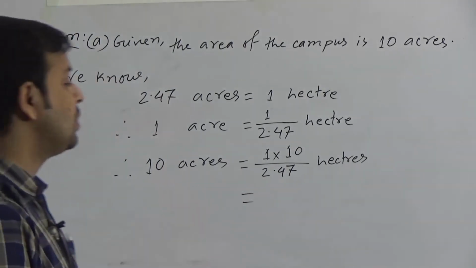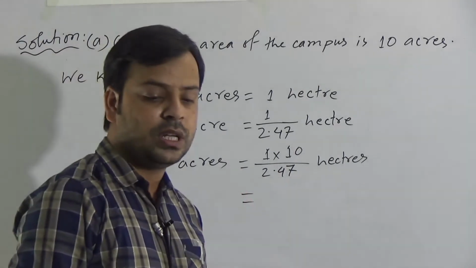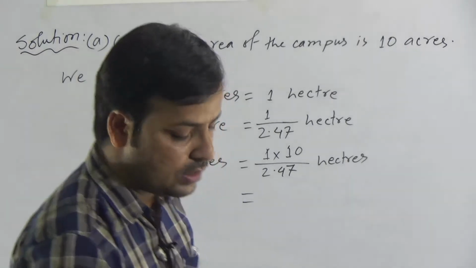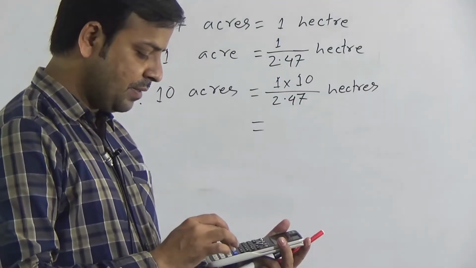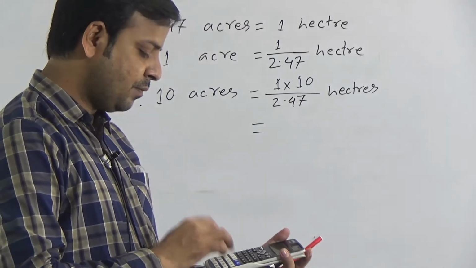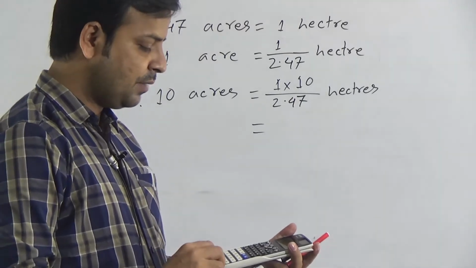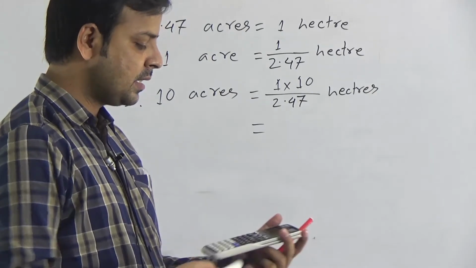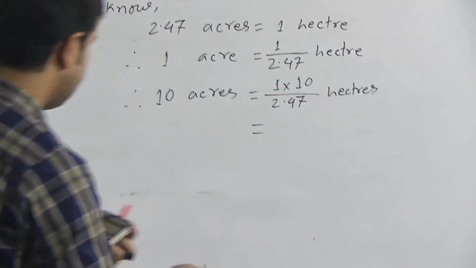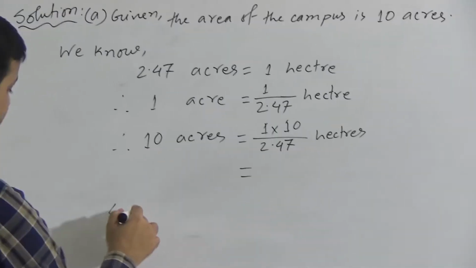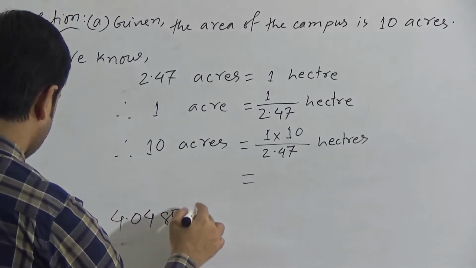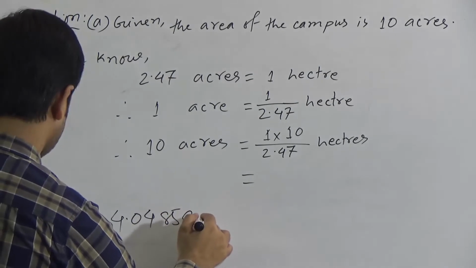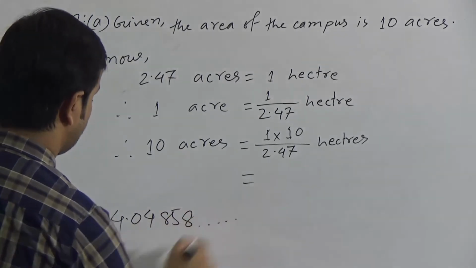To do the division, we can use the calculator. 10 we have to divide by 2.47. If we divide, we will get 4.04858 and then we will get more digits.